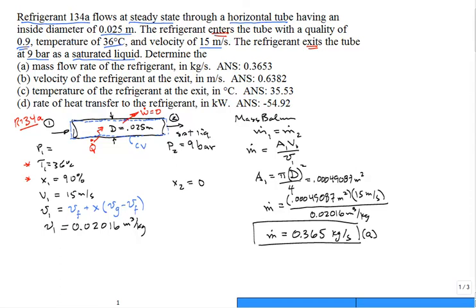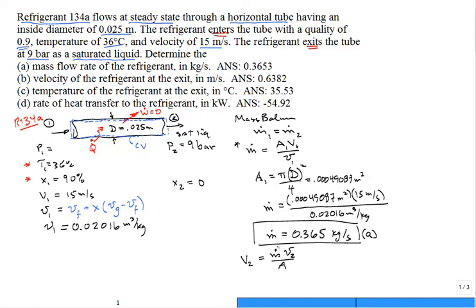Okay. Part B, what's the velocity of the refrigerant at the exit? Well, it's the same type of equation. We just write it like this one. M dot is equal to A V over specific volume. If we want the exit speed V2, that's equal to the mass flow rate times the specific volume at 2, divided by that area.